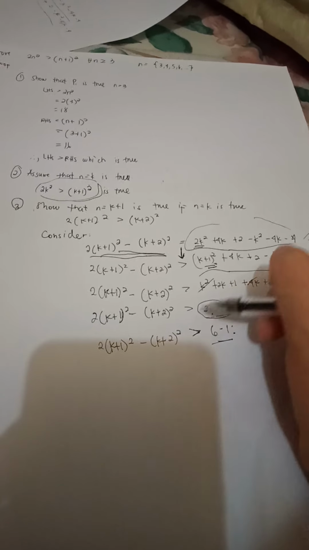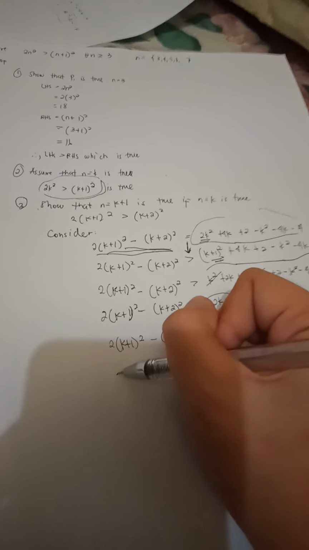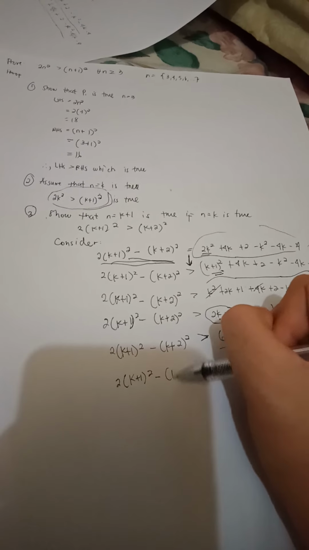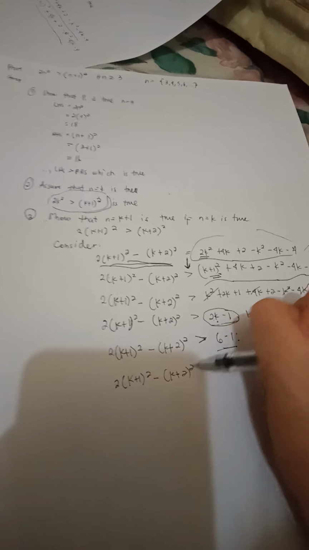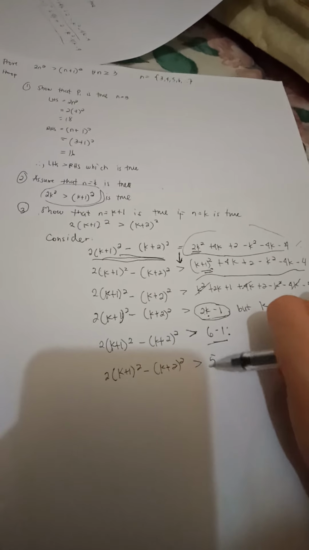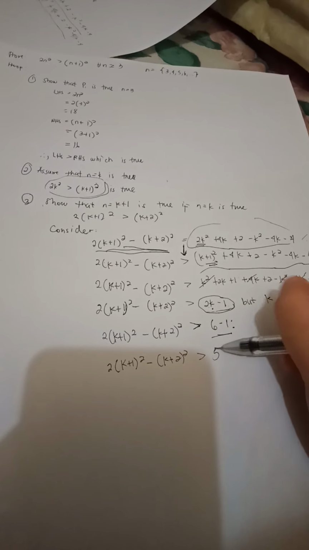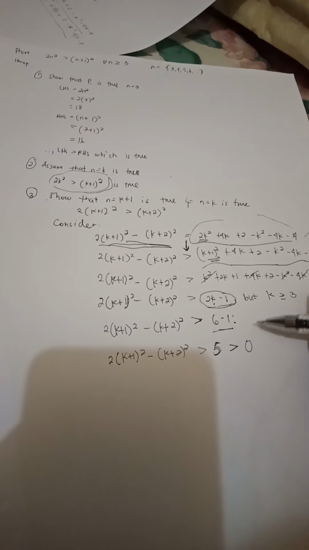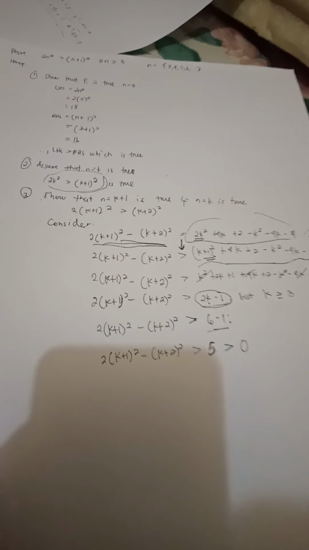So we're almost done. So 6 minus 1 is equal to 5. 5 is a positive number, and it itself is greater than 0.